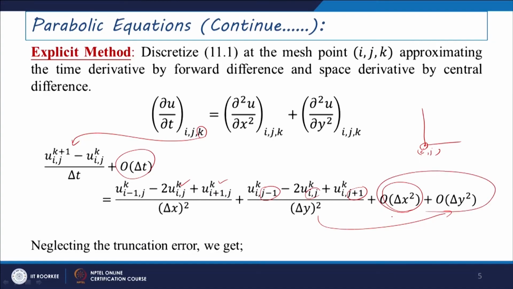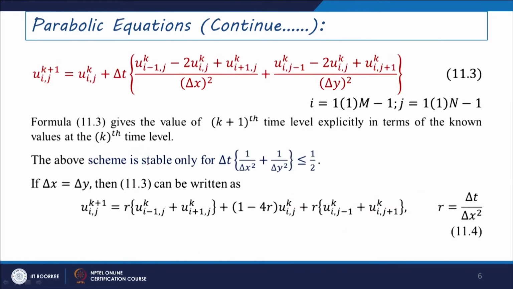If we neglect the higher powers of del x and del y, and also the first order term of del t, then we can obtain this expansion as u i j power k plus 1 equals u i j power k plus del t times the spatial terms.